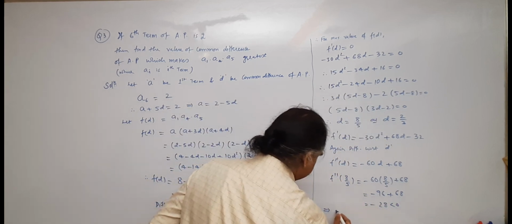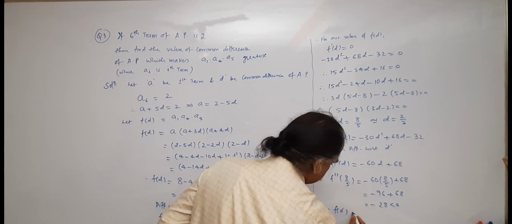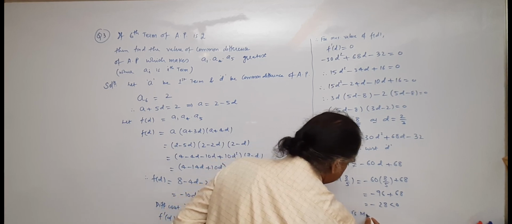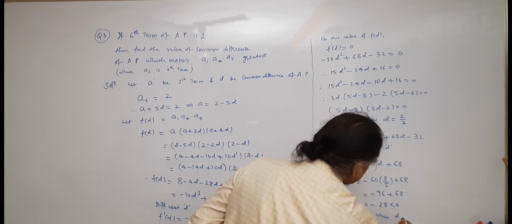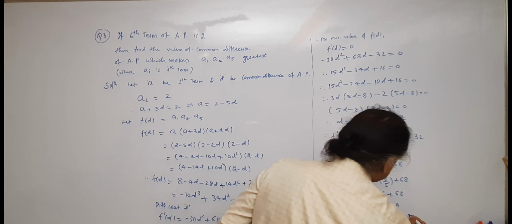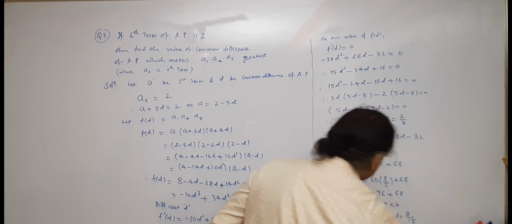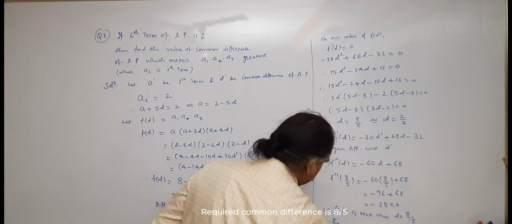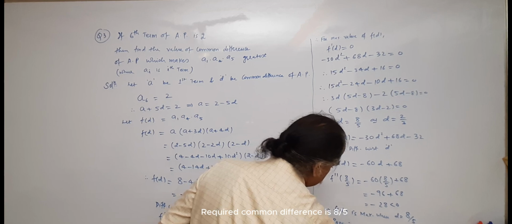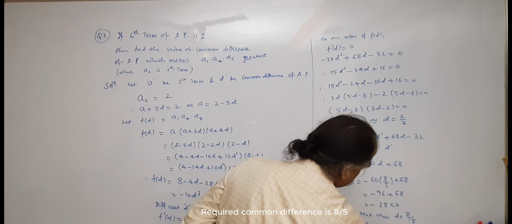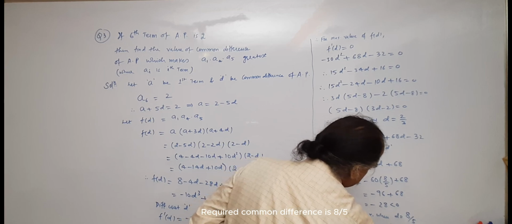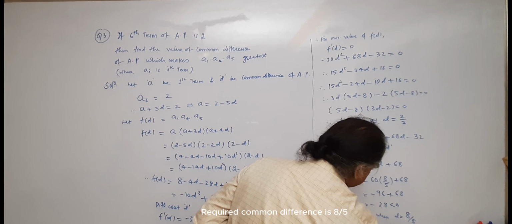This implies f(D) is maximum when D is what? 8 by 5. So the required common difference is equal to 8 by 5.